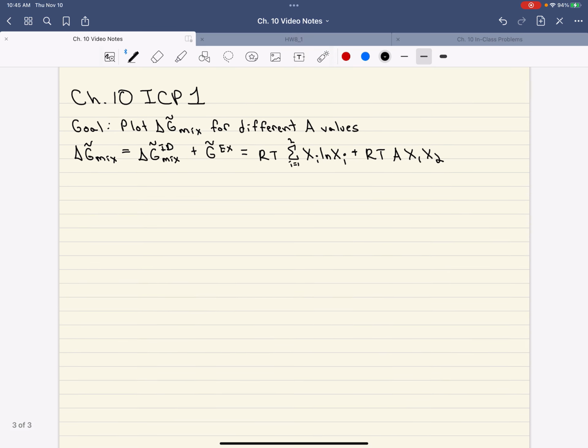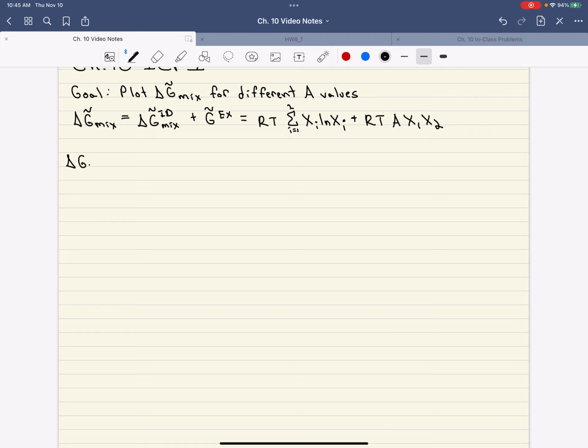Alternatively, we could plot this as delta G mix divided by RT, since both of our terms have an RT in front of them. So we just get the entropy of mixing terms, which I'll expand out here and write only in terms of the x1 mole fraction, and then the excess molar Gibbs energy.